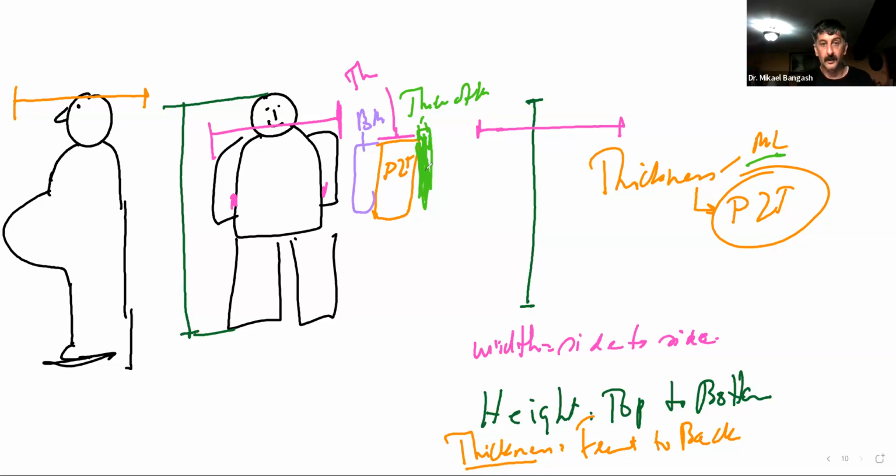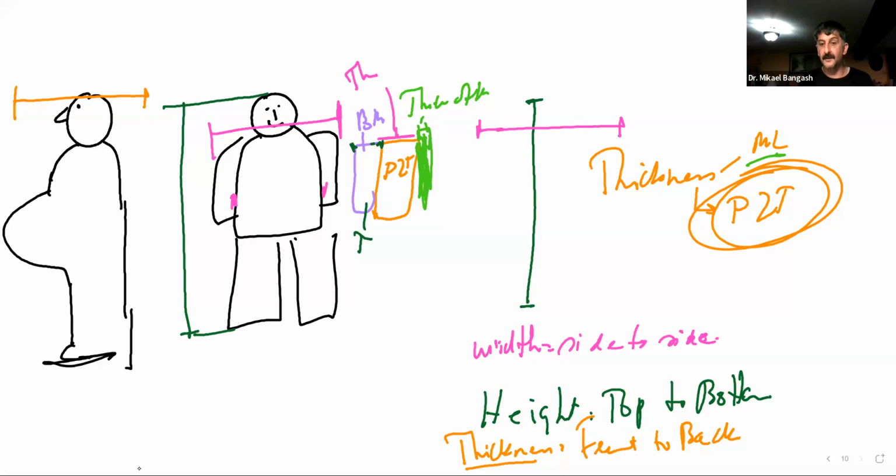And likewise, looking at the backing material, this dimension here is going to be the thickness of the backing material. But out of all these, the one that is of the most importance for us will be the thickness of the PCT.